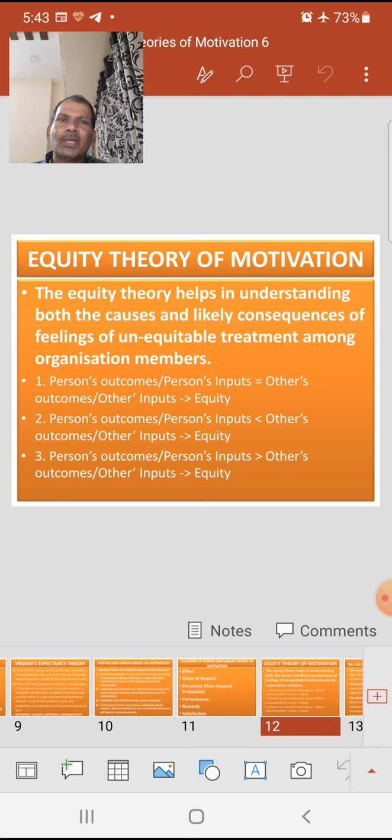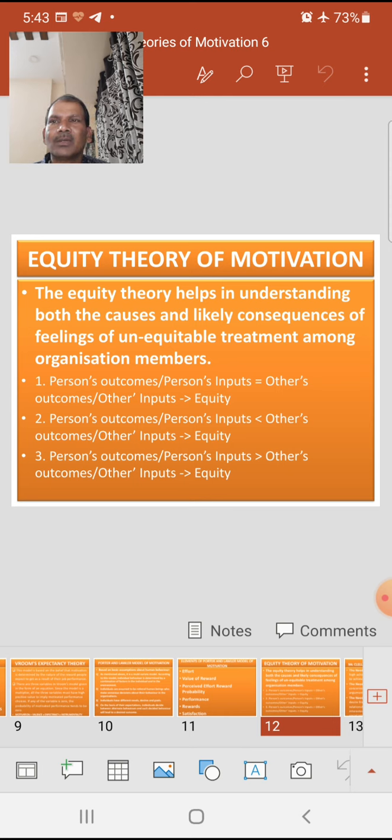A feeling of equity can also occur when others' outcomes are higher than the person's and the others' inputs are also higher. A feeling of equity can occur when others' outcomes are higher or lower than the person's, and the others' inputs are also higher or lower.